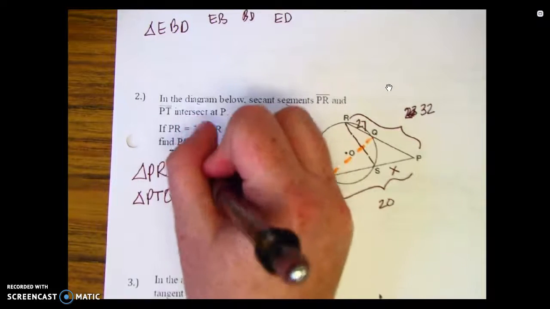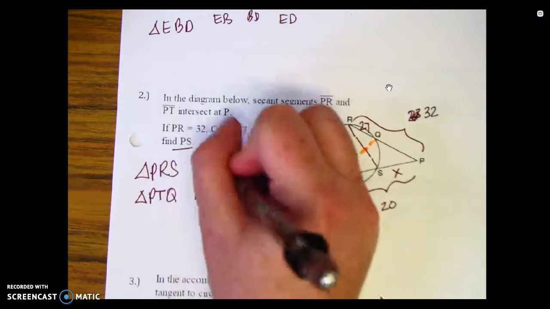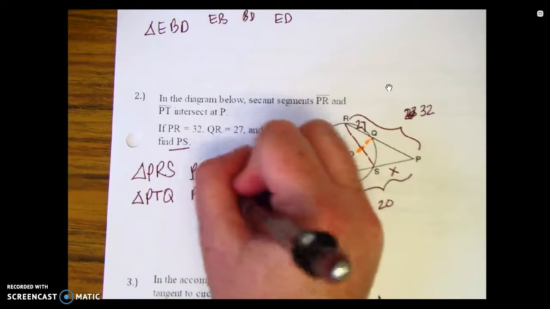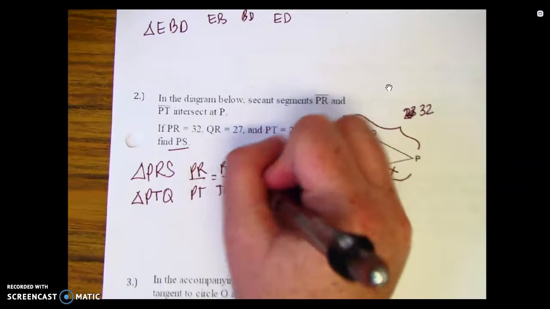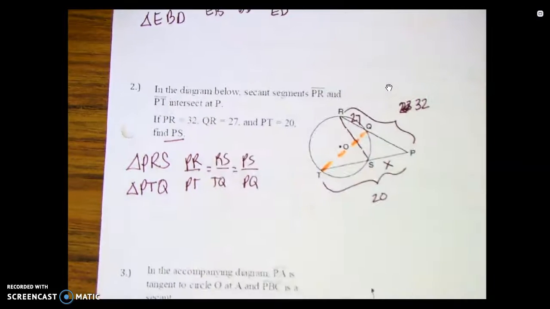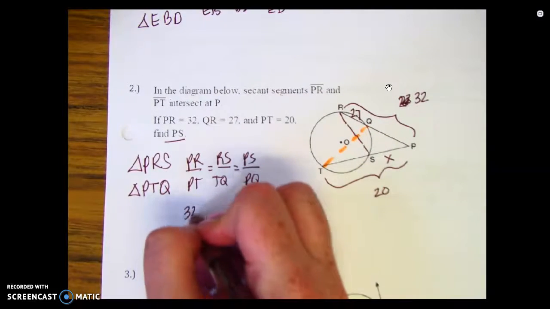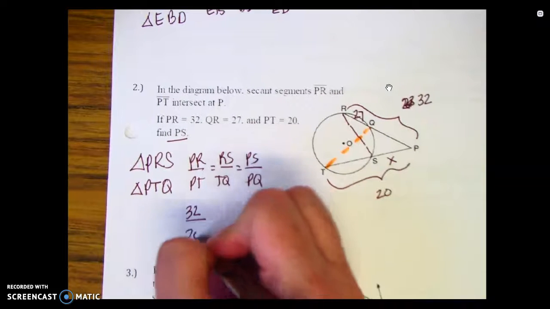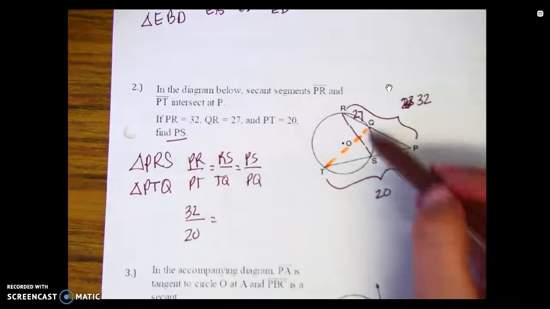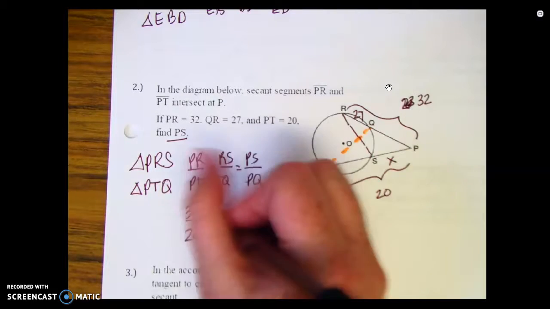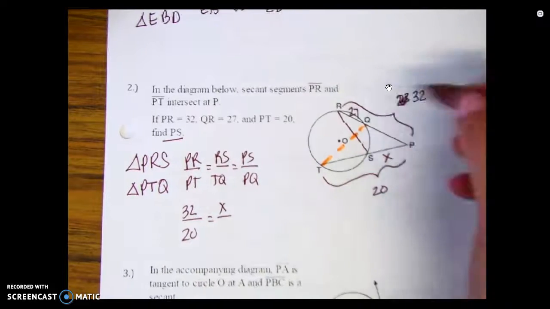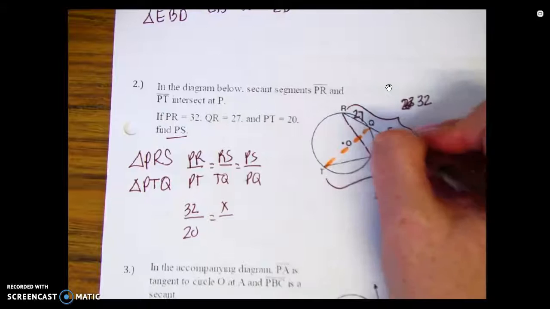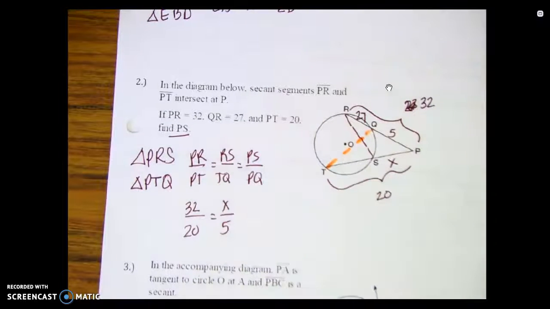So I set up PR, PT, RS corresponds with TQ, PS corresponds with PQ. So PR is 32, PT is 20, RS I don't know, TQ I don't know, PS is X, and PQ, 32 minus 27 is 5, so that's not X. And I can solve from there.